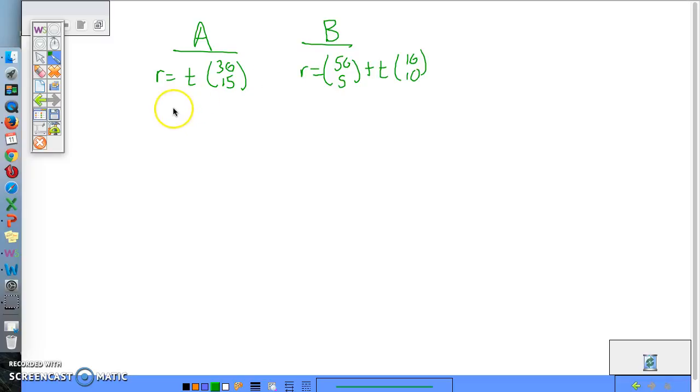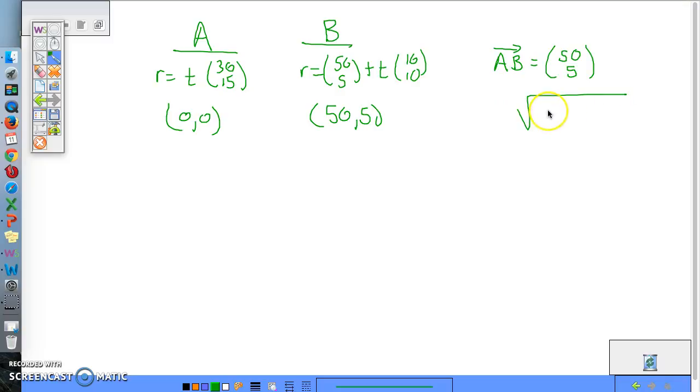When t equals 0, boat A is at the harbor, so its location is 0, 0. Boat B is at 50 and 5 because it hasn't gone anywhere. So how far apart are they? Well, the vector AB would be 50, 5, and the distance is the square root of 50 squared plus 5 squared.